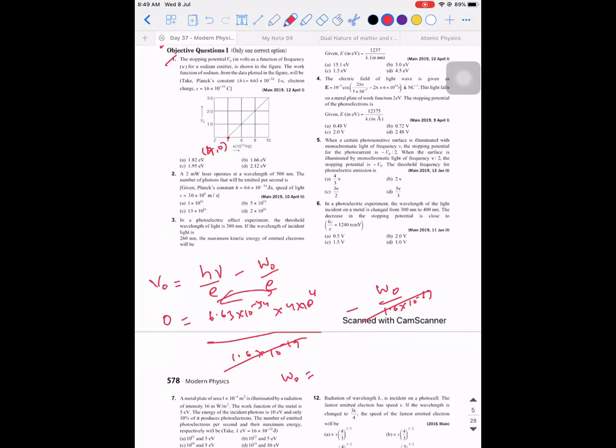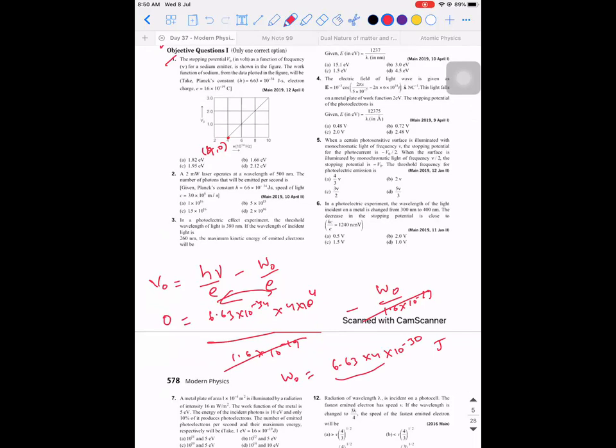So 6.63 into 4, when you multiply, the answer will come out in joule. But if you look at the options, they are given in terms of electron volt.